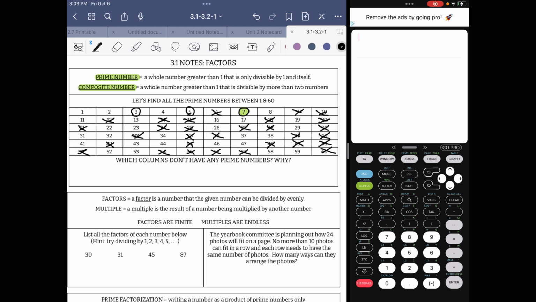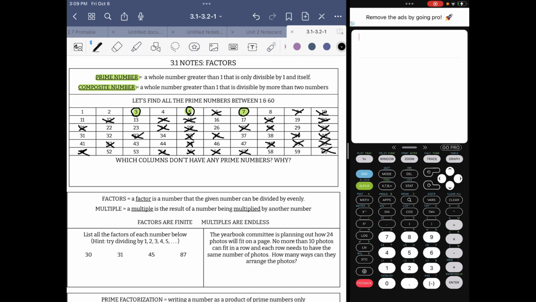Now, if that's too much for you, go ahead and just watch and circle the numbers afterwards so you just have your prime numbers circled. That's one way of doing it. And I'll go ahead and highlight them so they're a little easier to see.